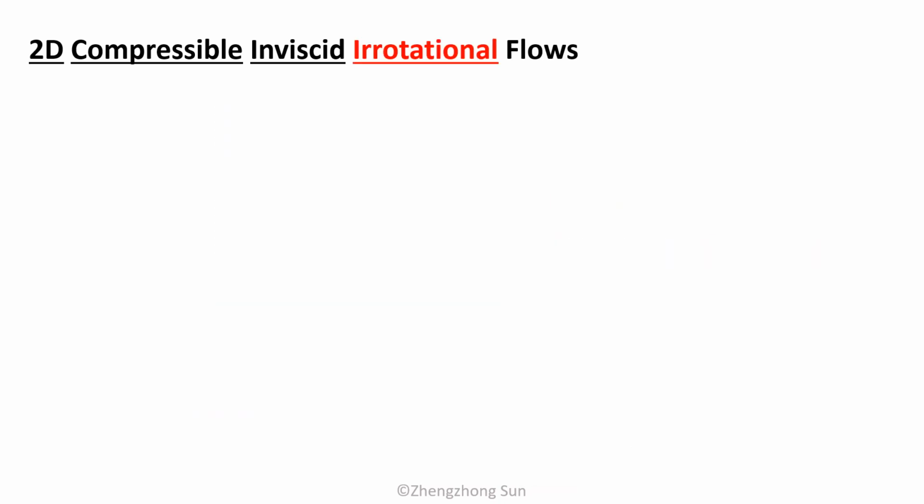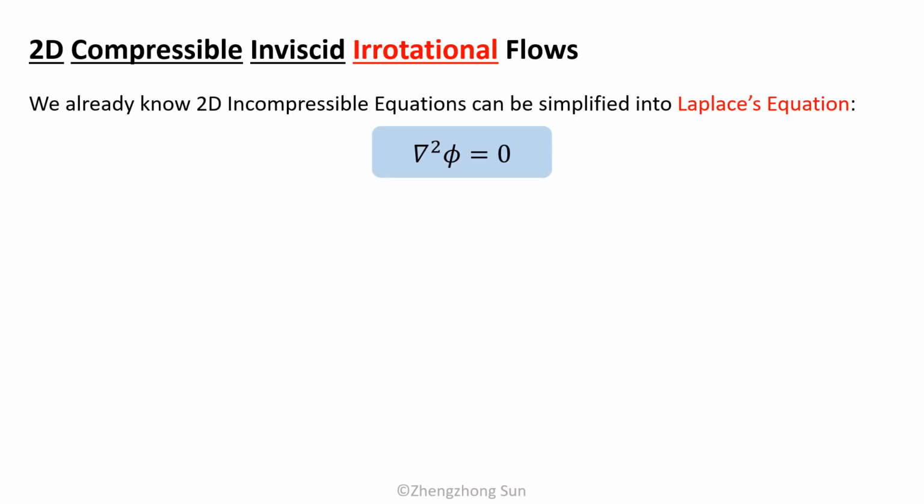So let's move further. Now we add irrotational into the title: we are looking at 2D compressible inviscid irrotational flow. We already know the 2D incompressible equation can be simplified into the Laplace equation, which describes incompressible inviscid flow, but now we take into account the compressibility, which means the density changes.